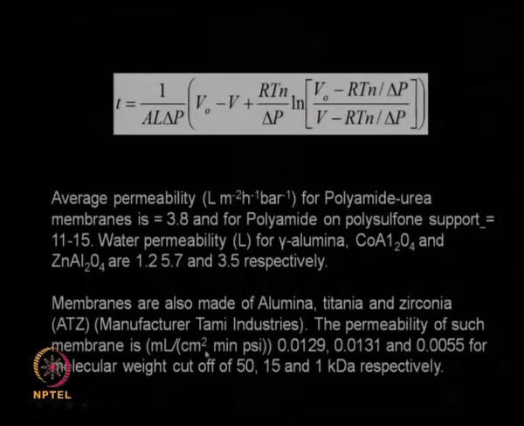The permeability of such membranes, in terms of ml per centimeter square minute psi, is 0.0129 or 0.0131 or 0.0055 for a molecular cutoff of 50, 15 and 1 kilodalton. The advantage of inorganic membranes is that they can withstand high temperatures, that is the main advantage.